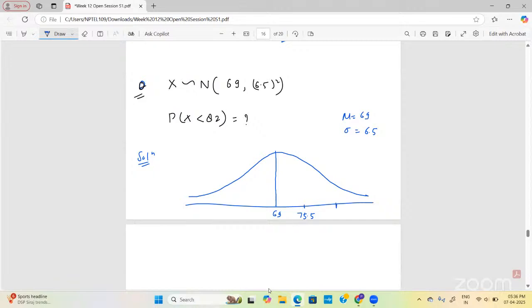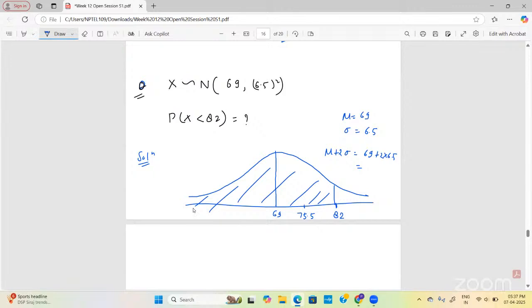If I go two standard deviations away, so mu plus 2 sigma, which means 69 plus 2 times 6.5, then it will become 82, right? What we have to find here is x less than 82. So we have to find this entire region below the 82 point.